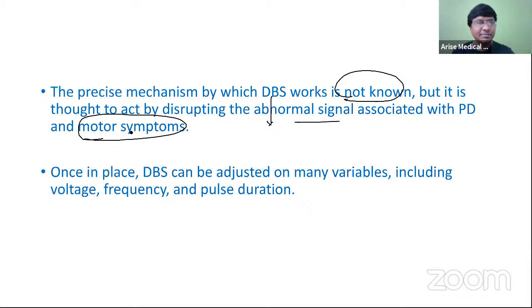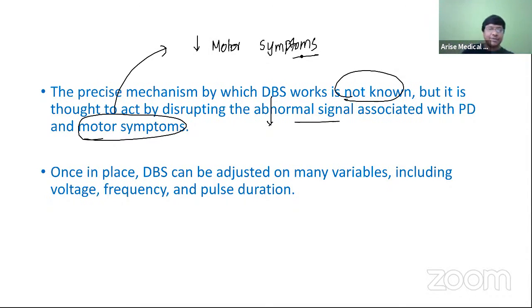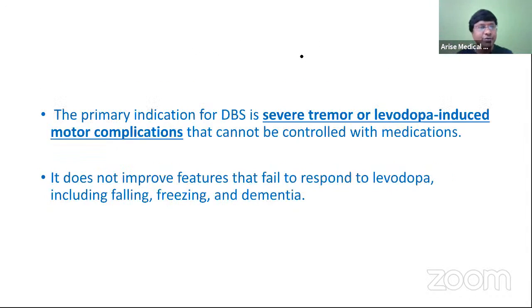So by doing deep brain stimulation, which symptoms will be reduced is very, very important. It is only the motor symptoms that will be reduced. So that is the advantage of deep brain stimulation. And what is the primary indication for deep brain stimulation?